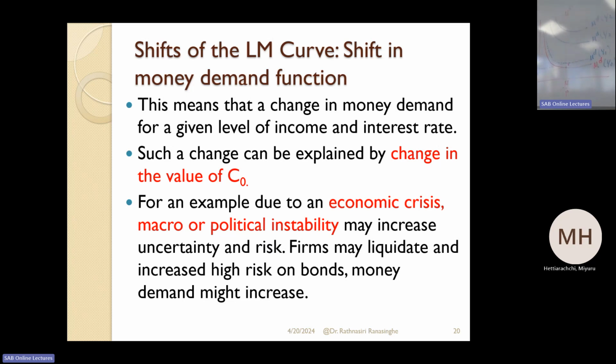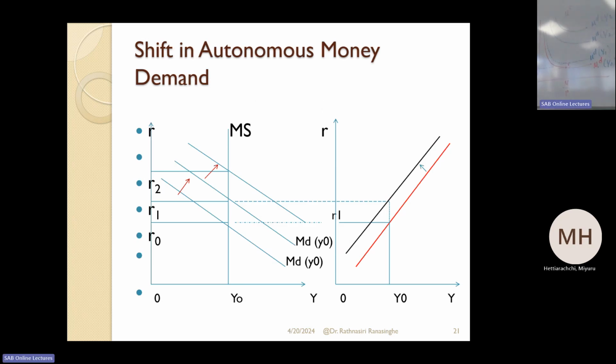So we can discuss that situation. Now we assume there is no change in income. This is the initial situation. When you are explaining graphically, first you have to think about the initial situation, then you incorporate the changes, and you see what kind of impact there is on income, the interest rate or the prices.